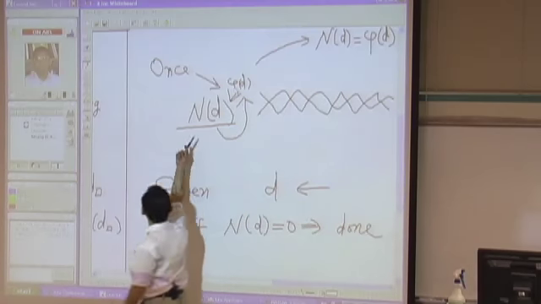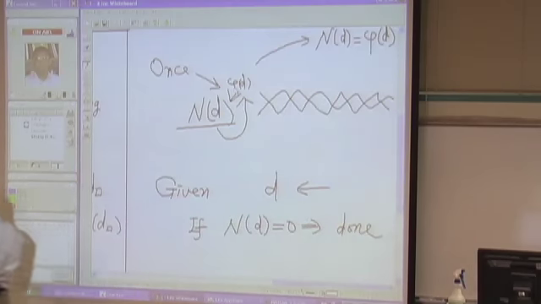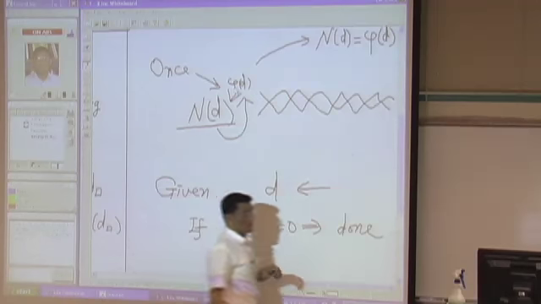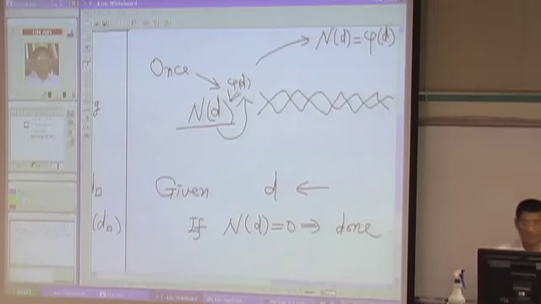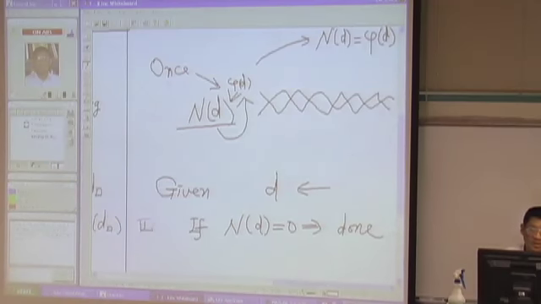So if n of d is 0, then we are done. Do you follow me? So n of d equals 0 is a trivial case. Let's not worry about this trivial case. Let's worry about the non-trivial case.